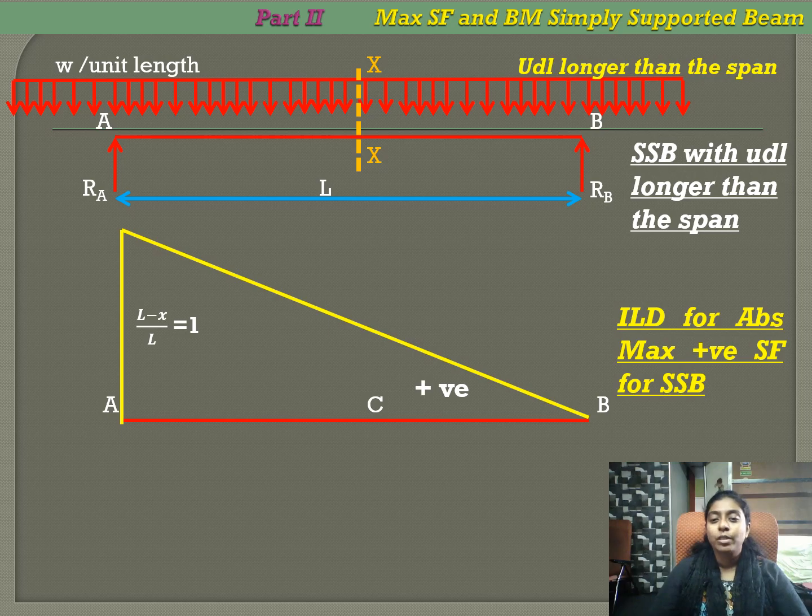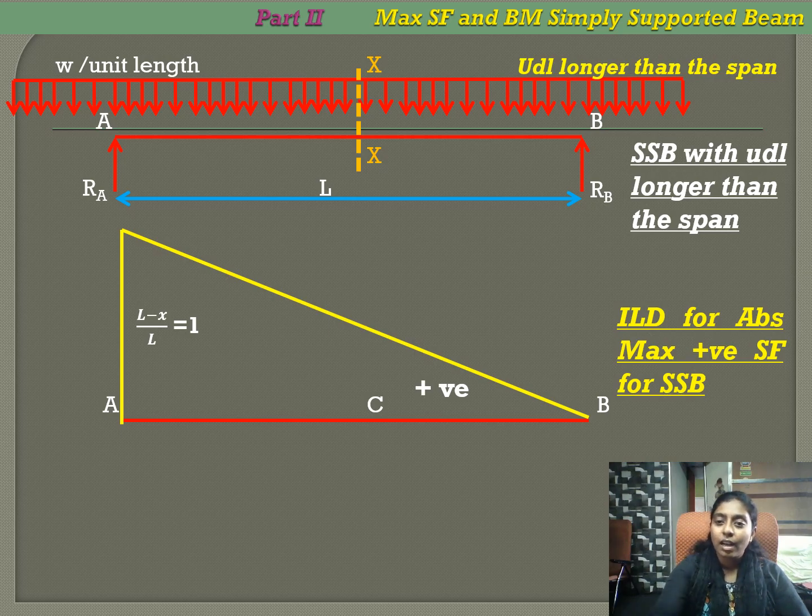Now we will see the absolute maximum positive shear force. As we saw earlier, the absolute maximum positive shear force occurs when we move the section from C to A. So the maximum ordinate becomes 1 and the absolute maximum positive shear force happens when the complete load is placed on the span.